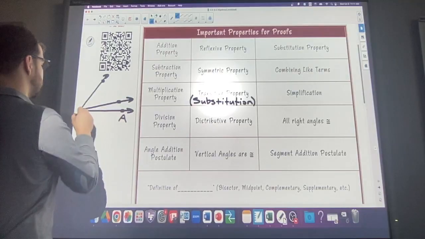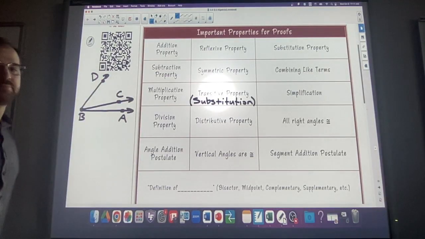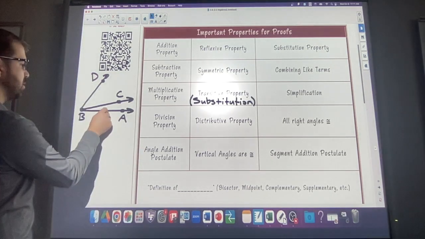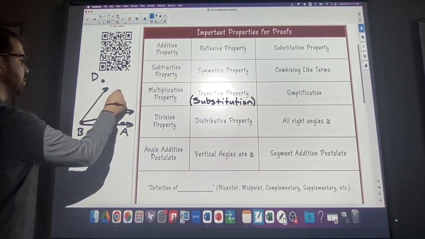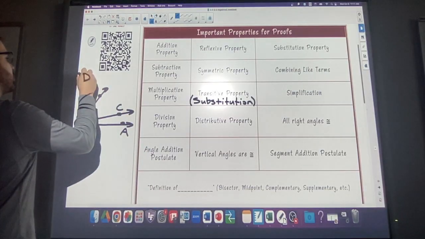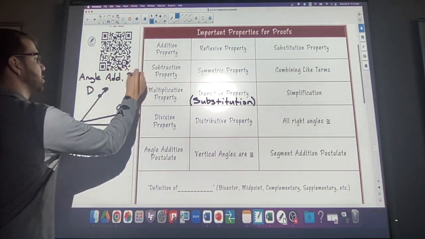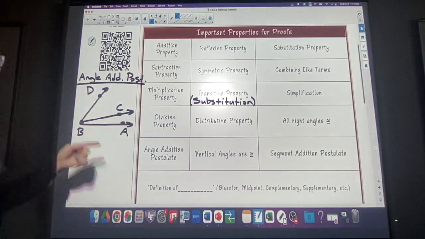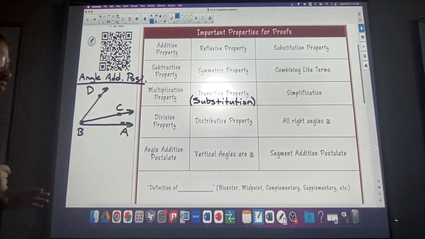So let's call this A, B, C, and D. All right, so what we can say with the angle addition postulate, and maybe I'll title this the angle addition postulate so that it's a little bit more clear here, is we can say that these two smaller angles have to equal the bigger one, which is pretty obvious, but it's not always obvious when you need to use it in a proof.